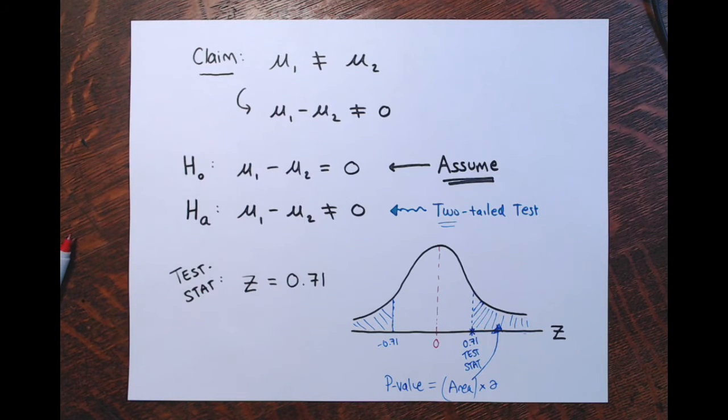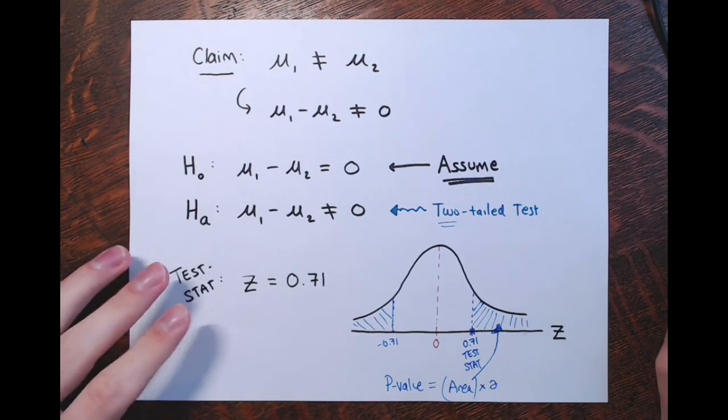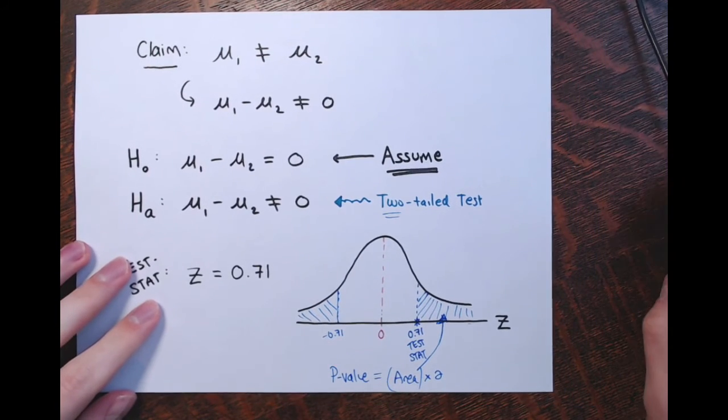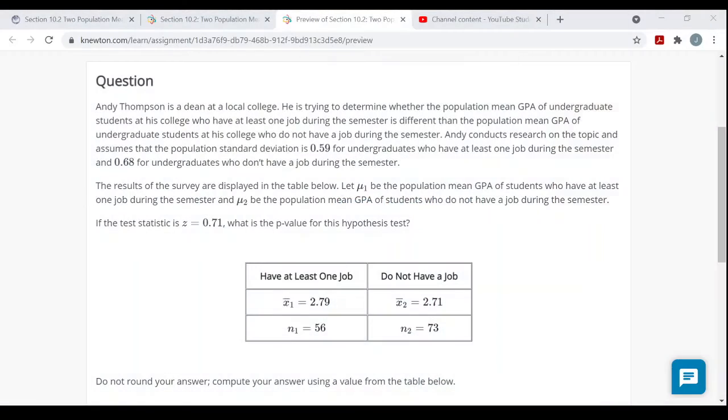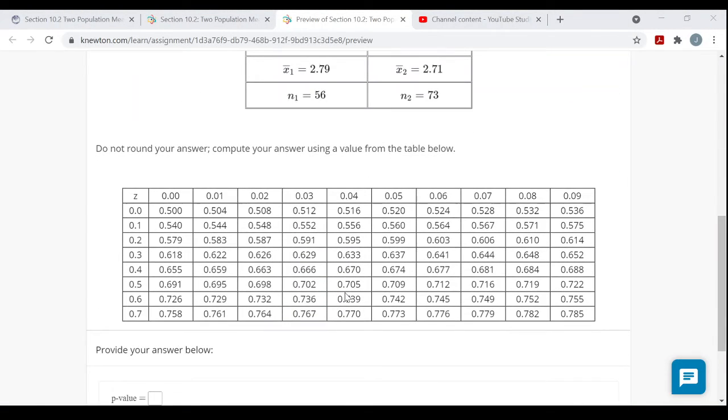All right. Now what they're asking us to do is not use a calculator, though you could, but to use the table provided to figure this out. So look at the table here. This is a z-score table, and remember, all the values in a z-score table give you the area to the left of a particular z-score.